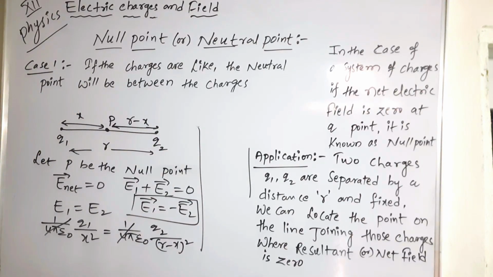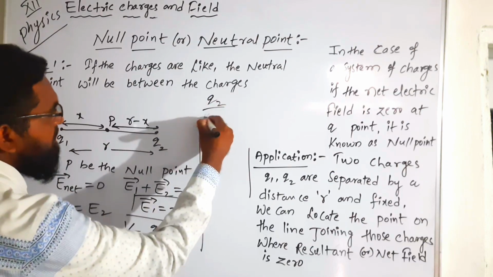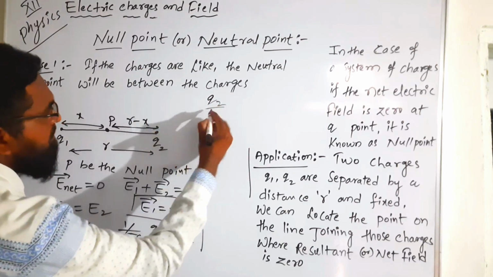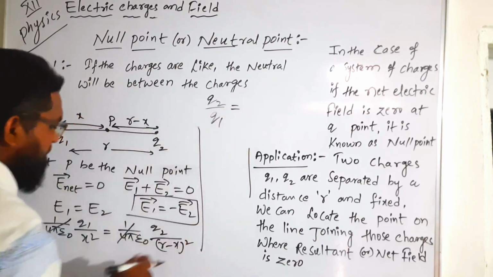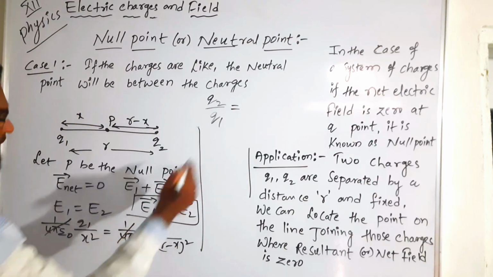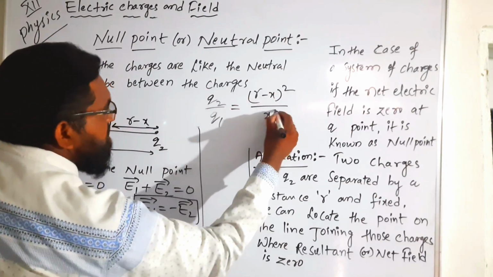Now the remaining value is Q2 by Q1 equals R minus x whole square by x square.